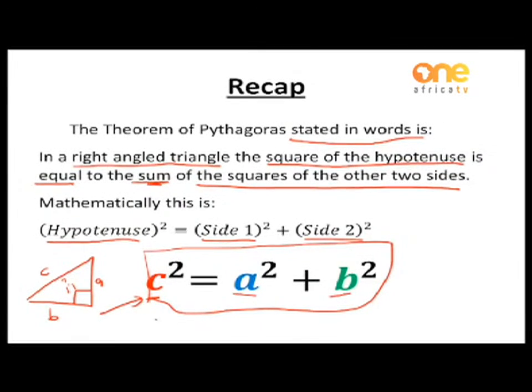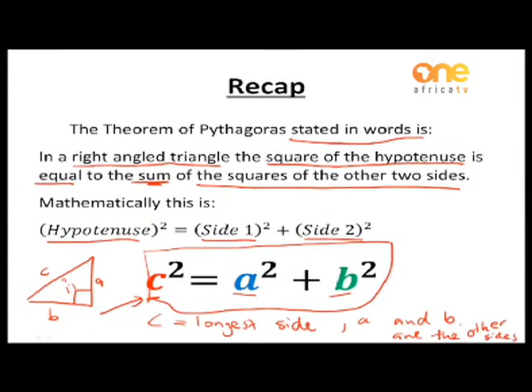You must always let C equal your longest side, and A and B are the other sides. So once you do that, check this. If it's true, then you have a 90 degrees.